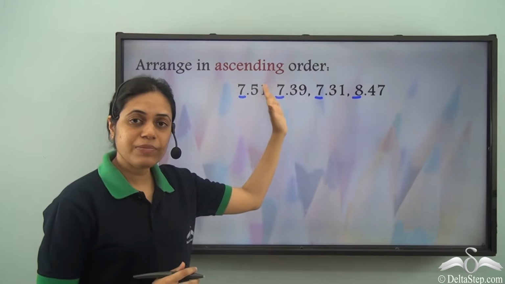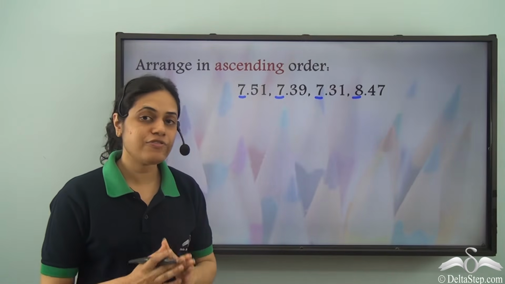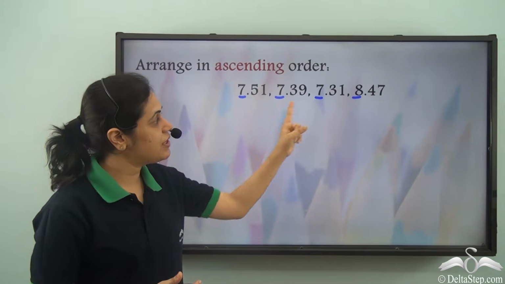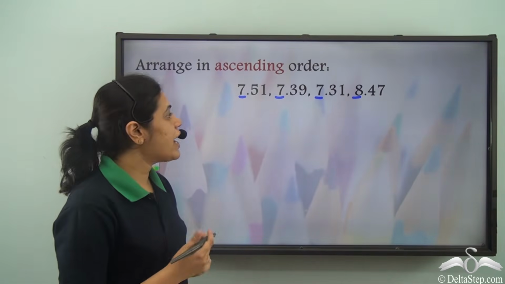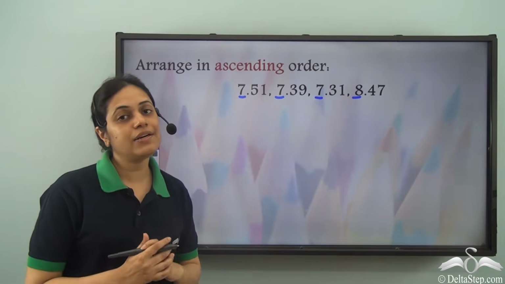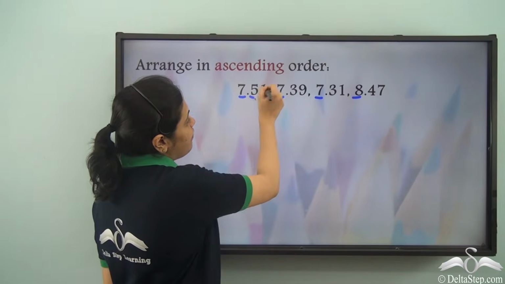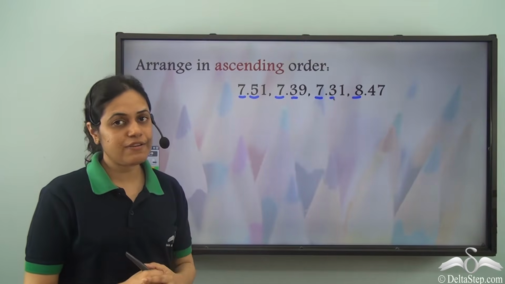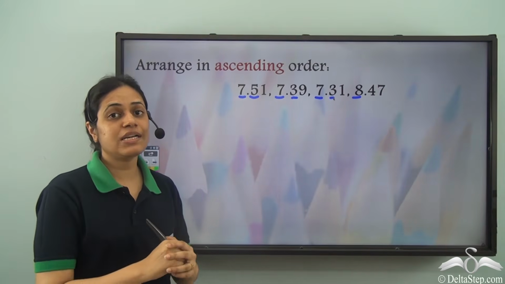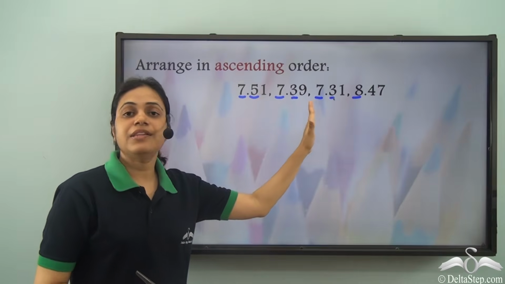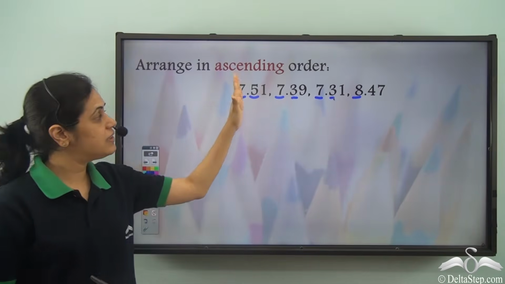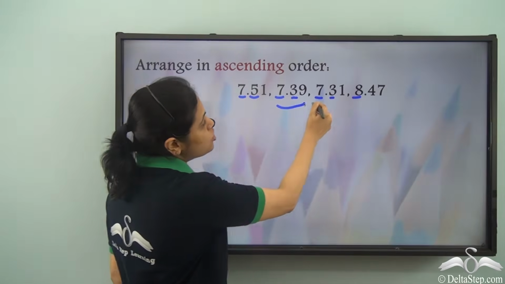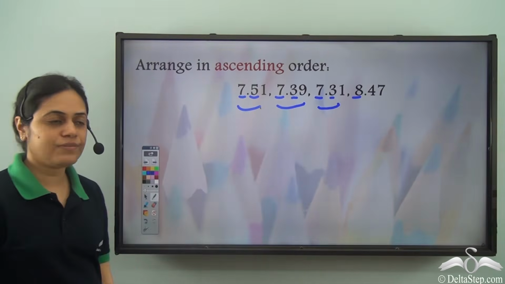Now in these three numbers, the digit to the left of the decimal point is 7 in each case. So I need to look at the digits in the tenths place. It is 5 here, 3 here, 3 here. 3 is less than 5. So the numbers containing 3 in the tenths place will be less than the number containing 5 in the tenths place. So these two will be smaller than this.